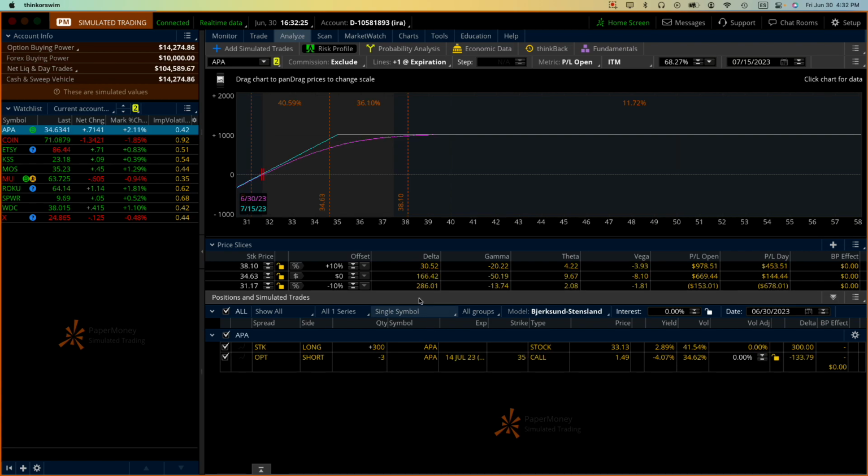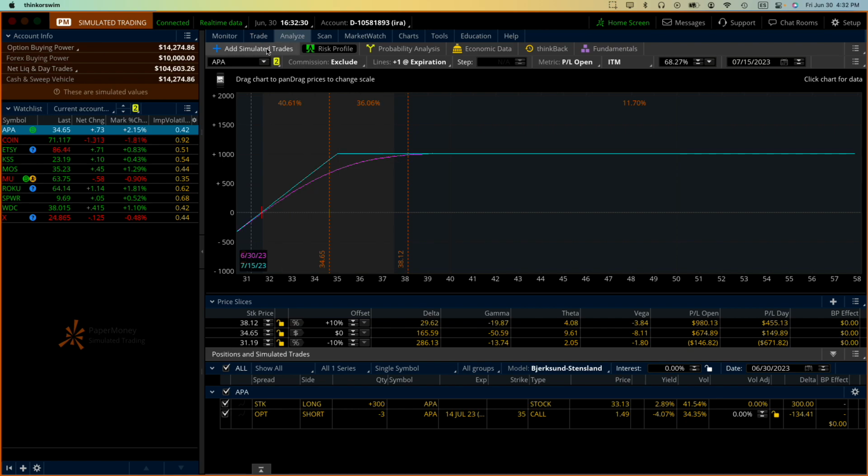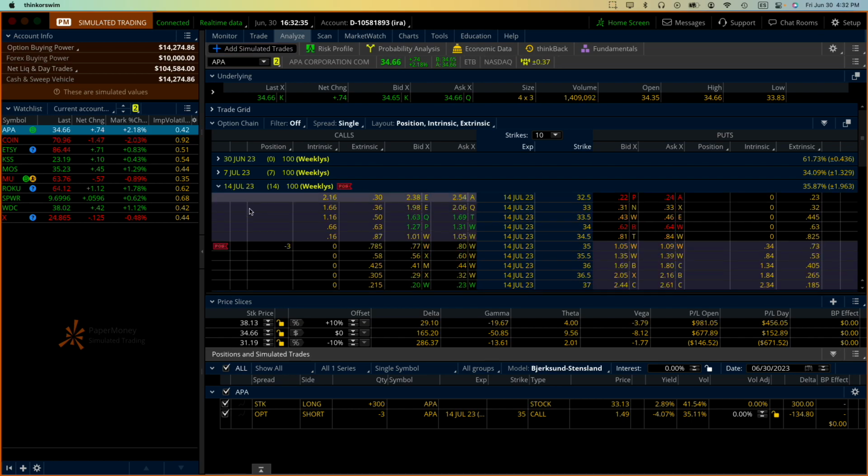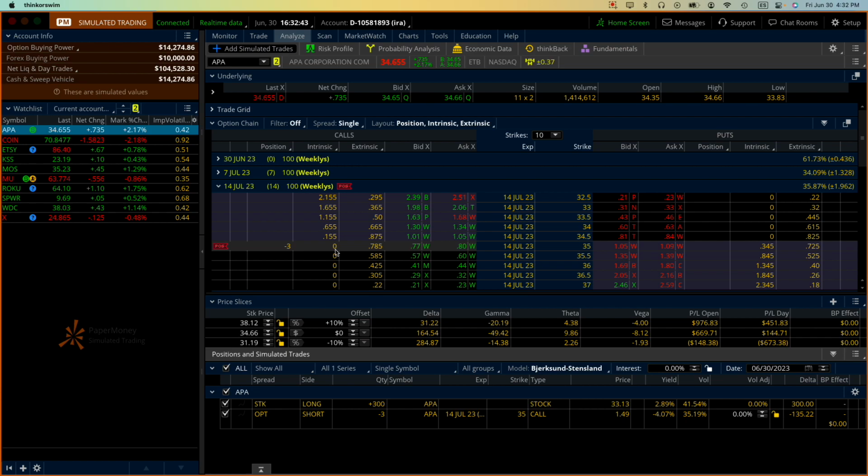We would want to see this getting closer to expiration, and if you need to look, click on add simulated trades and you see your position here, that's your short, and then you look at the intrinsic and extrinsic value. If the intrinsic value is 0, that means that the option is out of the money, it could expire.